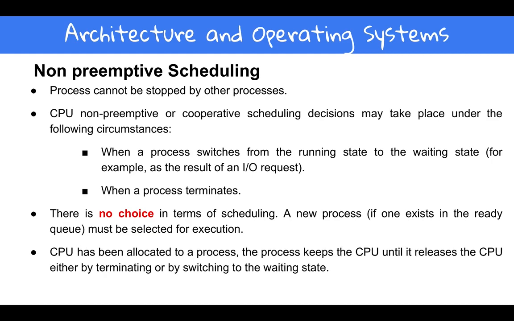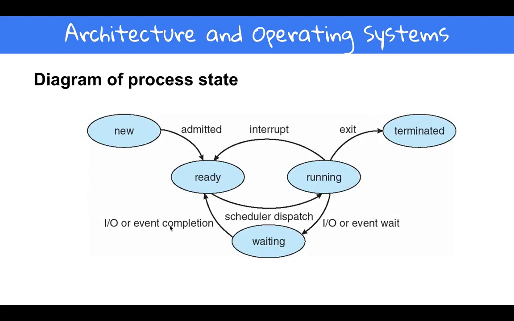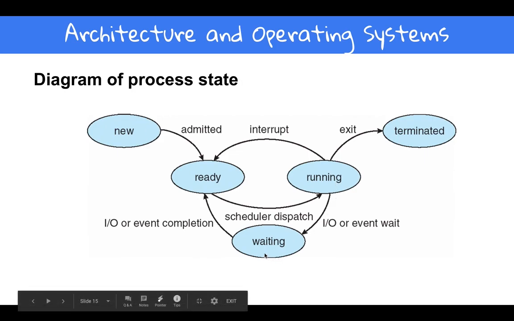And also, when a CPU has been allocated to a process, the process keeps the CPU until it releases the CPU, either by terminating or by switching to the waiting state. It means that here, when it goes there, either it finishes the process and goes out, or it needs to wait and goes back to the waiting queue.